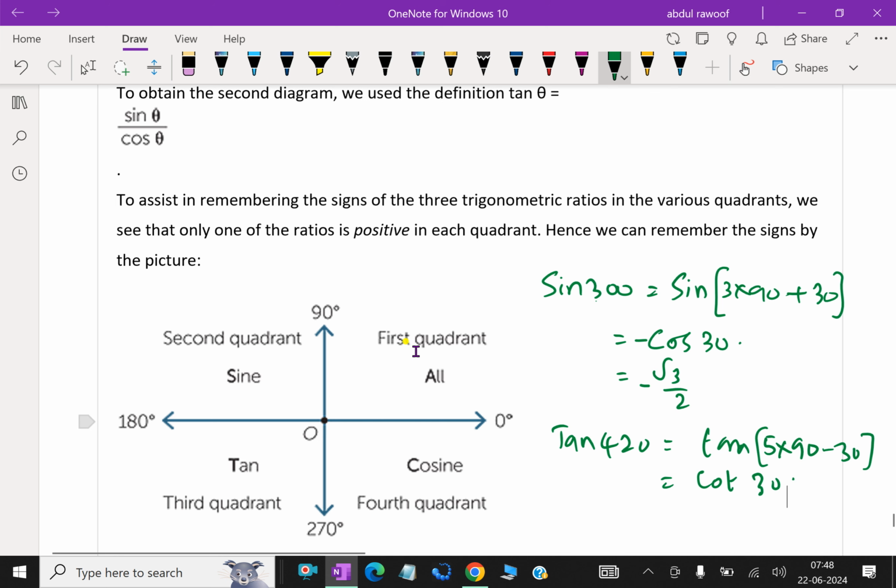In the first quadrant tan is positive, so this also becomes positive. That is, tan 420 is positive cot 30, and tan 30 is 1 by root 3, so its reciprocal is root 3 by 1, positive. Like this, we can find the value of any angle in degrees in terms of these trigonometric functions.